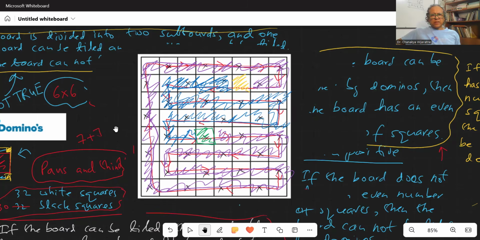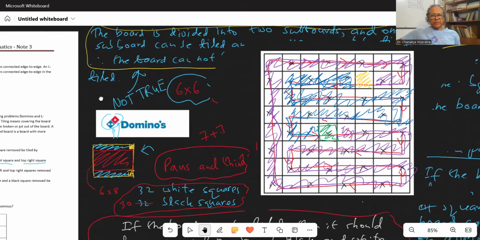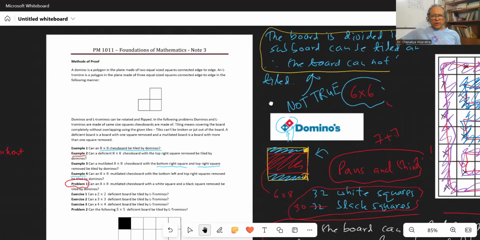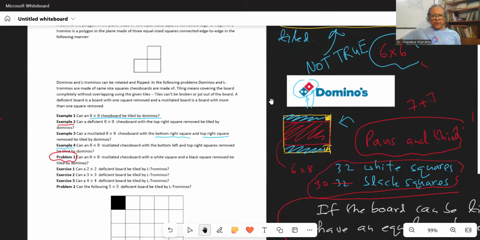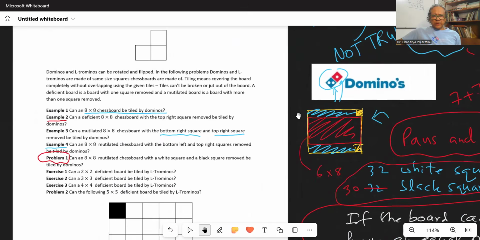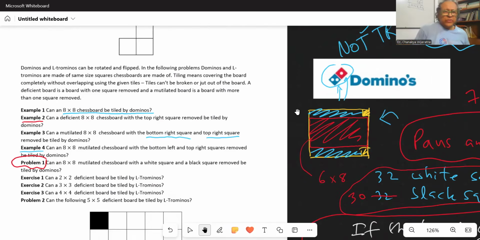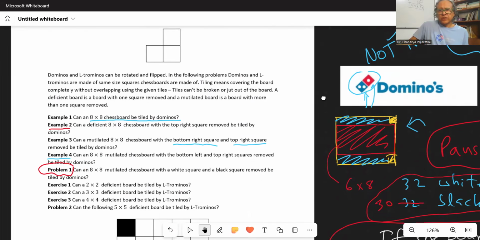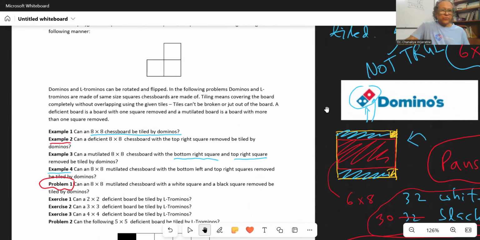Let's see the next task. For the remaining task, we are going to use a different tile, not dominoes. These are L dominoes. This is a tile consisting of three squares, not two.